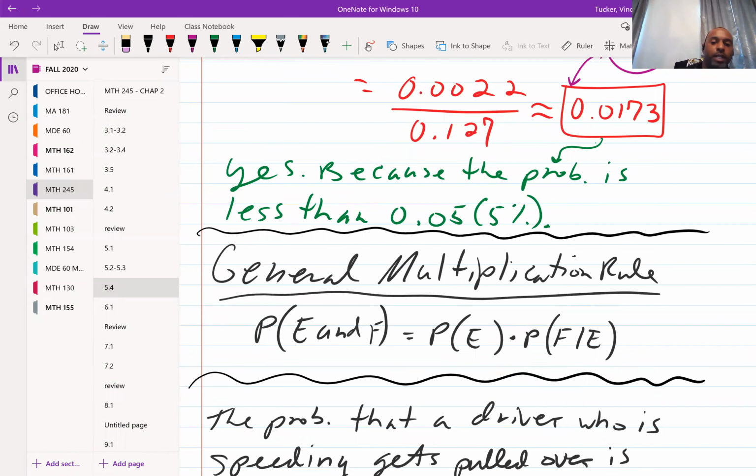And remember before, we didn't have to worry about this because we had independent events. So the probability that E occurs has nothing to do with the probability of F occurring. But if the probability of E affects the probability of F, then we do have to consider that. So that's why this is the general multiplication rule.